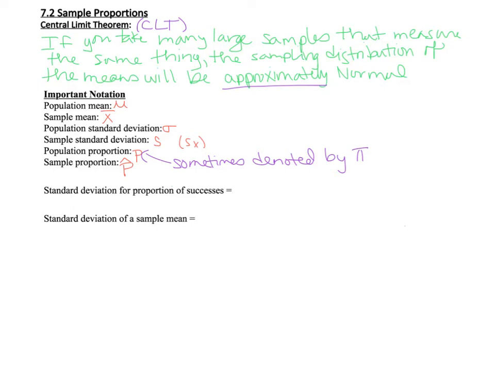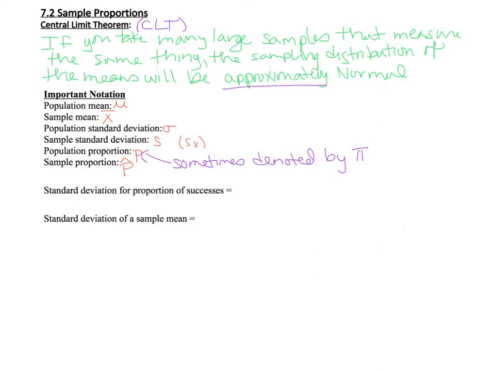Unfortunately, in math, pi is used for other things, so we usually don't use pi here. But if you want to do it with pi, you're welcome to. The last thing we have is our sample proportion, p hat. Just make sure you know the difference between the regular p and the p hat.